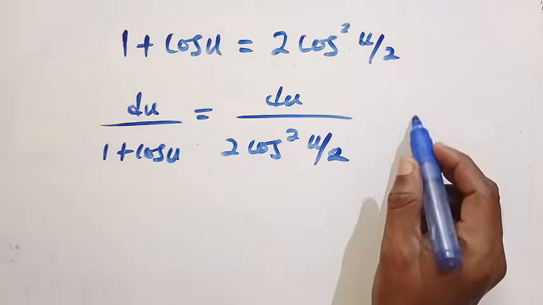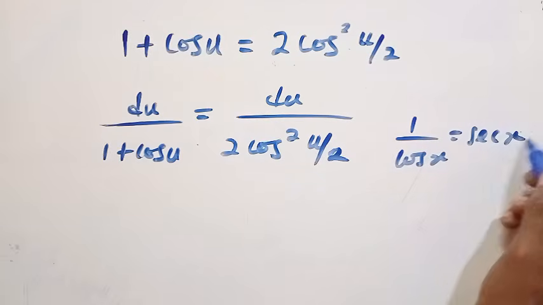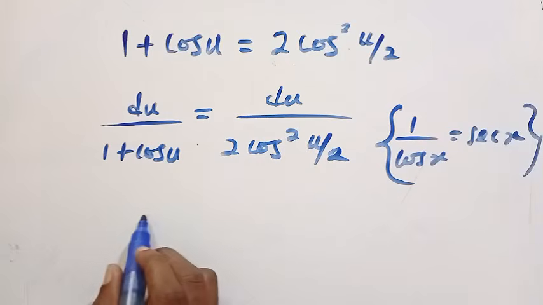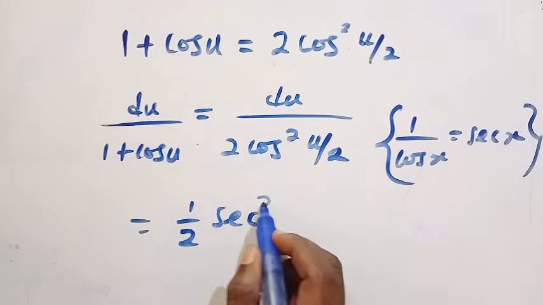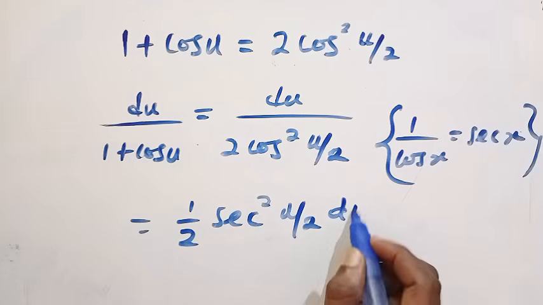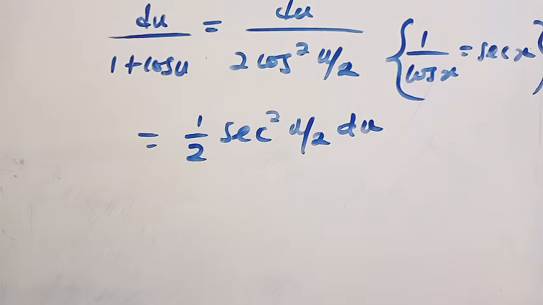But note that 1 divided by cos x equals sec x. We apply this as well, so it becomes 1 over 2 sec squared of u over 2, then du. So we can now try and integrate this.